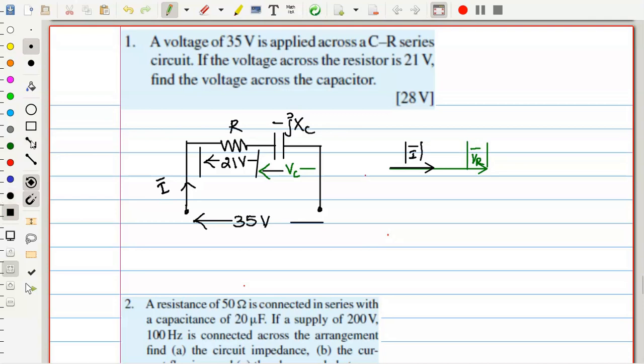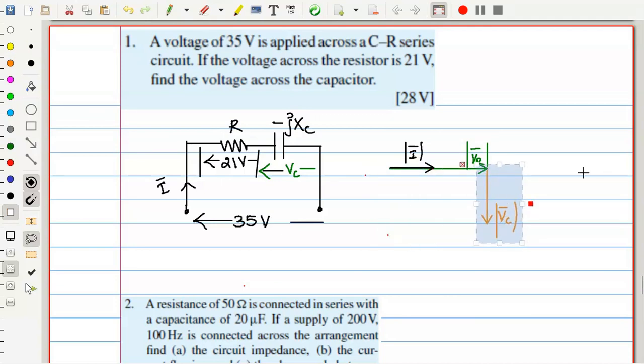Now where should the voltage of the capacitor be? Capacitor voltage should be downward, so that now the current is leading the voltage. So this is the VC magnitude. See the importance of the phasor diagram now. To get a clearer visualization, I will put this VC at the tip of VR.